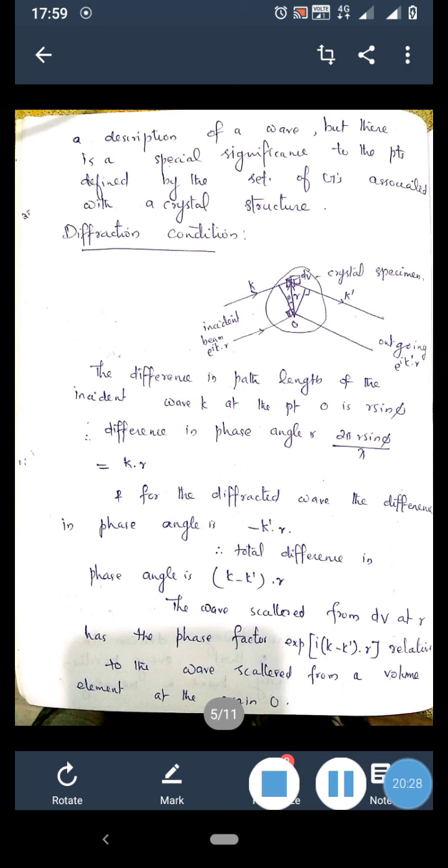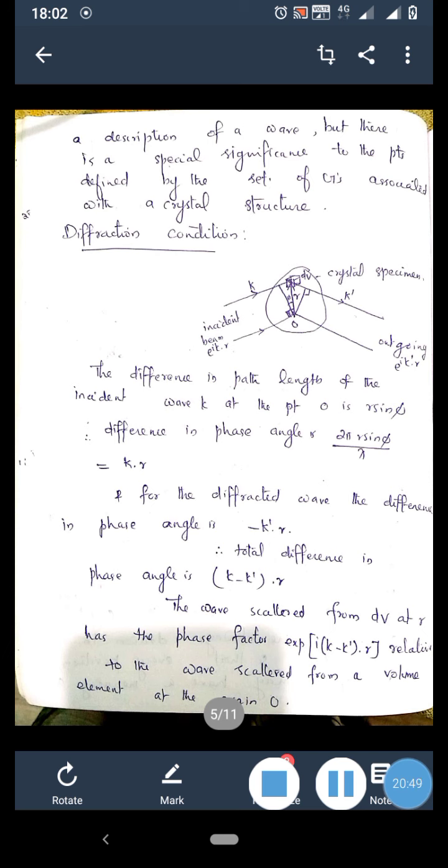For the diffracted wave, the phase difference is minus k dash dot r, since k and k dash have a change in angle. So the total difference in phase angle is k minus k dash dot r.